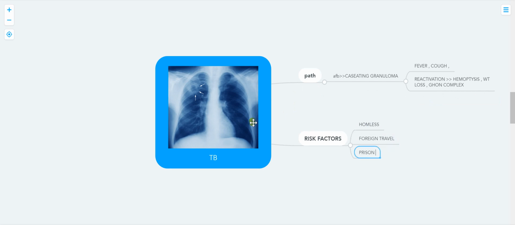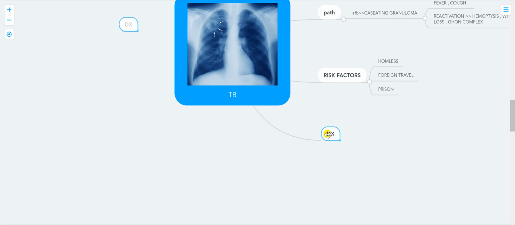How do you diagnose it? Asymptomatic screen usually. This is when it gets very interesting. So asymptomatic screen, PPD or interferon. This is how you diagnose it. PPD, what is it? If it's 5 mm, immunocompromised, or it could be 10 mm in health care workers.